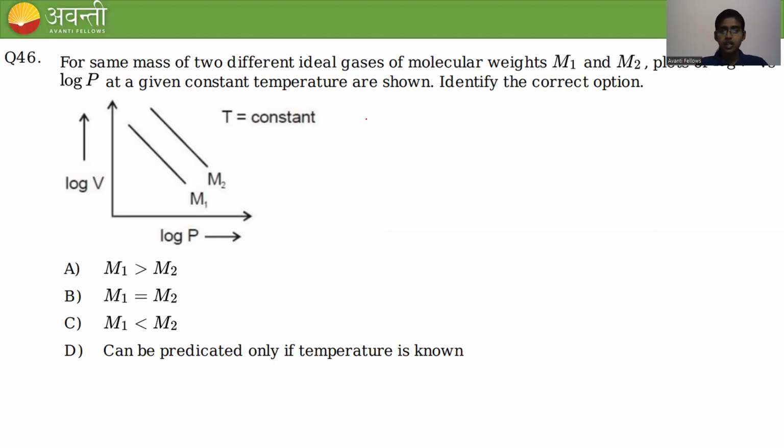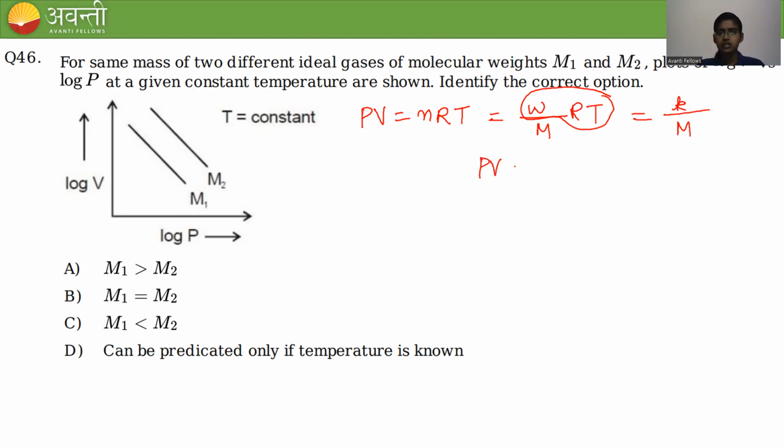Let me go with PV is equal to nRT, where n is mass by molar mass, that is weight by molar mass, into RT. Let me take this wRT as K. So it becomes PV is equal to K by M. Now taking log on both the sides.